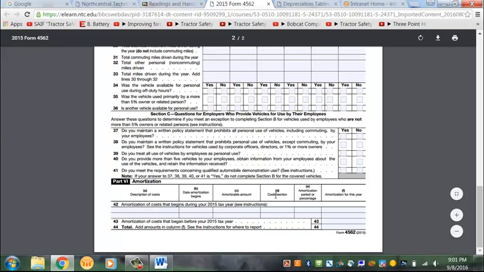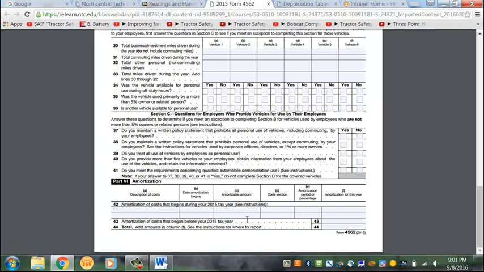The last part on the Form 4562 is for amortization. So this is for assets that are amortized rather than depreciated. A couple different assets would be intangible assets, goodwill, client lists, that type of thing, which you're not really going to run into at the farm.